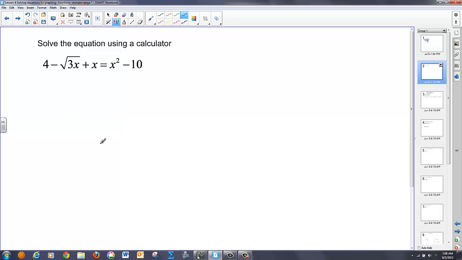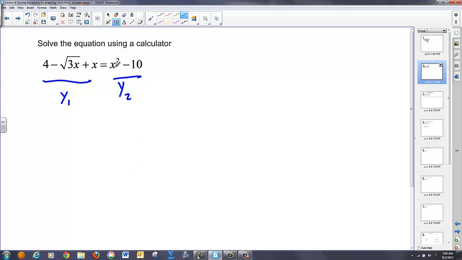In our second example, there's a couple of different ways to solve these things. What you could do is set this first equation to y1 and the second equation to y2 and solve those, but I'm more of a fan of setting one side equal to 0 and then finding the intersection because it appears nicely on your home screen.